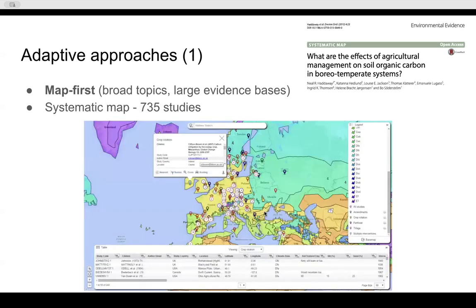And so we did this in a systematic map of the impacts of agricultural management on soil organic carbon. And we found 735 studies. This was 10 years ago now, so that's actually not that big for a systematic map. And although there was a desire to do a systematic review, the question that ended up being adopted by the advisory board and chosen and run with was so broad that a map was the only sensible option, really.